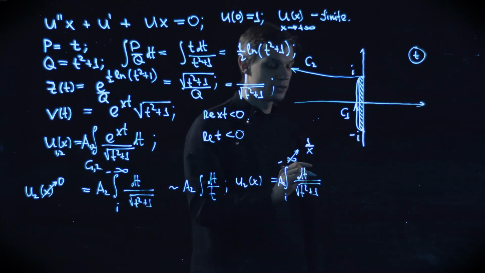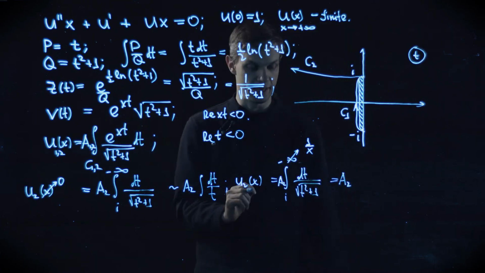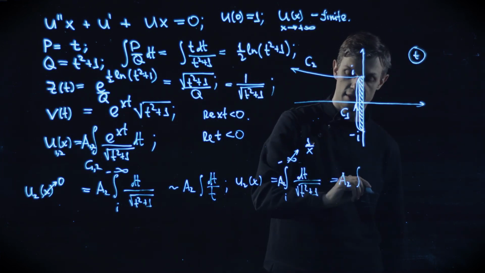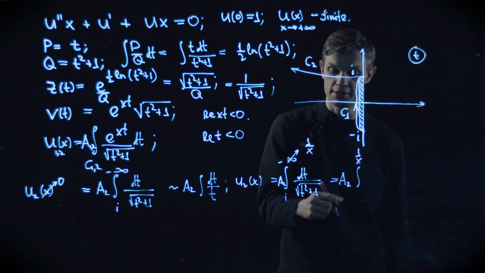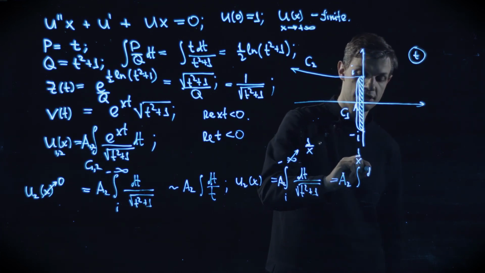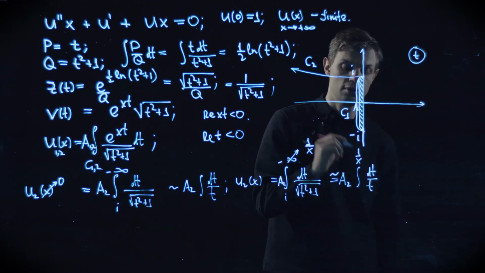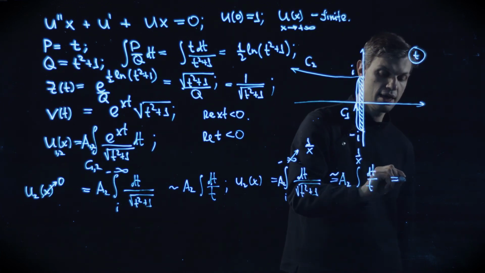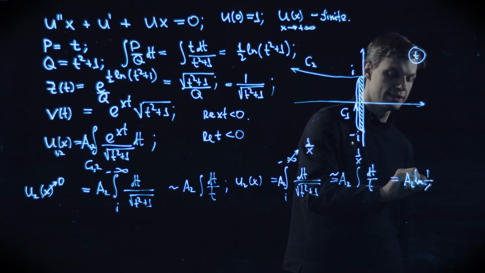And now we come to the estimate of the behavior of our solution u2 of x at small x. The lower limit becomes irrelevant because it's a divergent integral. So we just integrate dt over t. And with logarithmic accuracy, we get the result a2 times the logarithm of 1 over x.